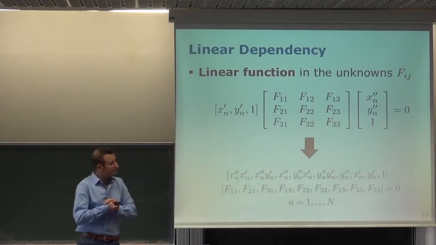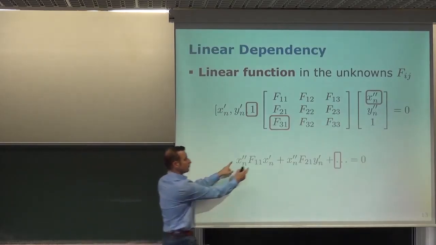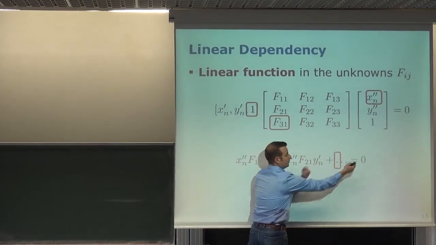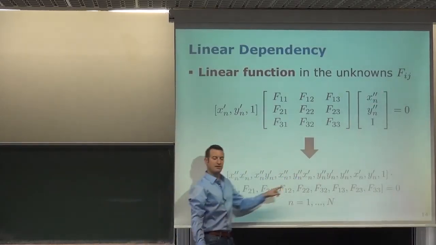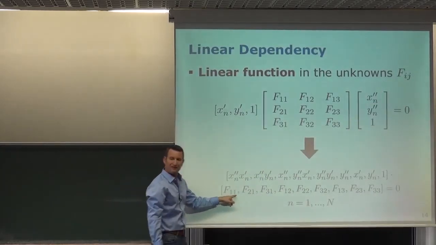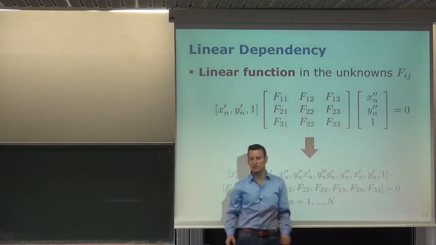So I can slightly rewrite that and group all those together for all elements, put them into one vector over here, and do the same thing for my vector of unknowns over here.